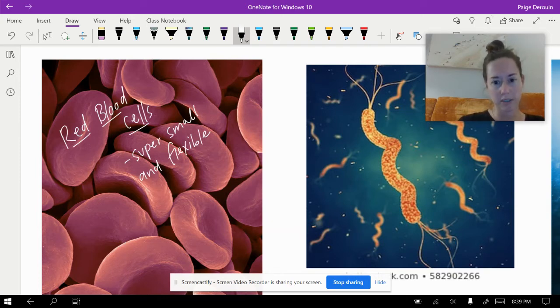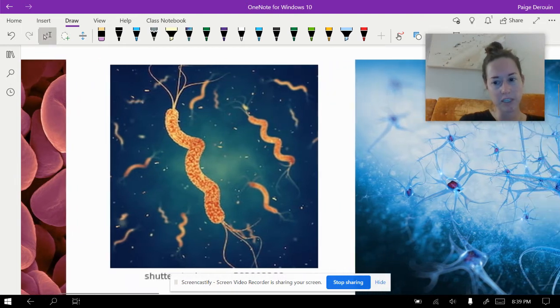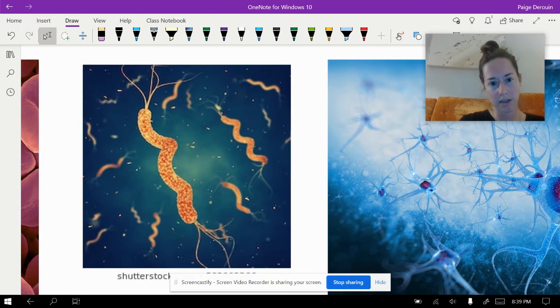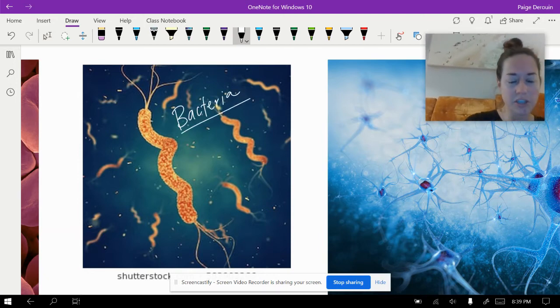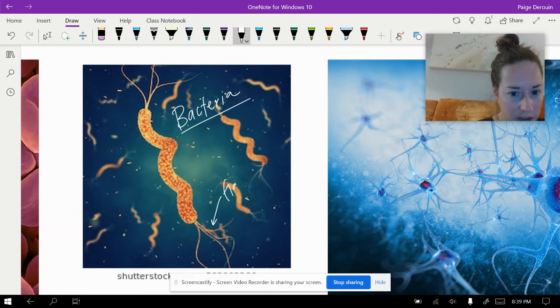That's red blood cells. Okay, this one is not actually a human cell, hopefully. It's a bacteria. So this is extra small. It has these tails on the ends called flagella that are used for movement.